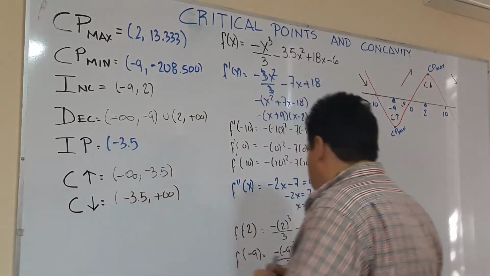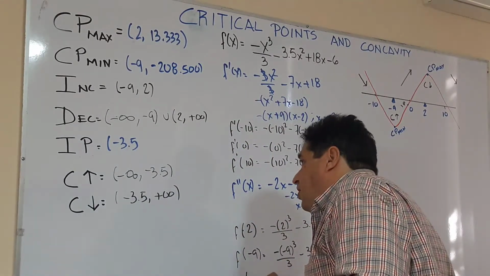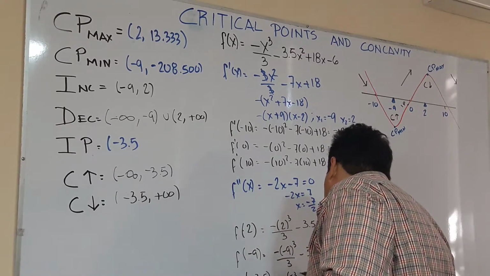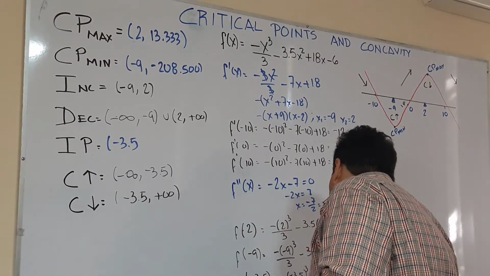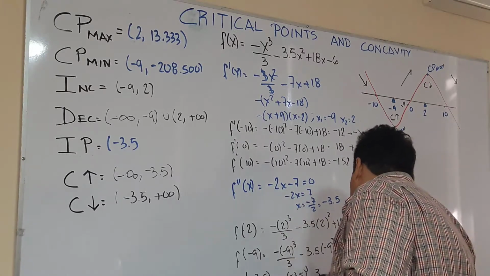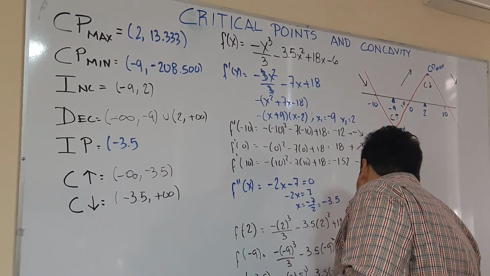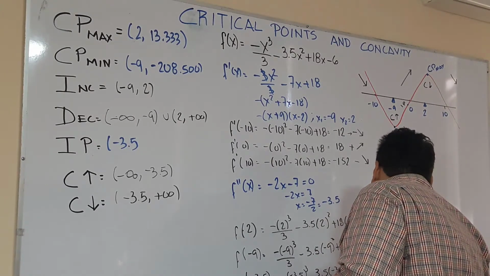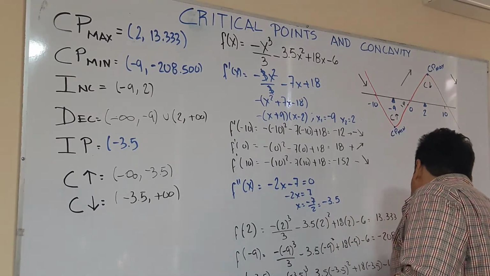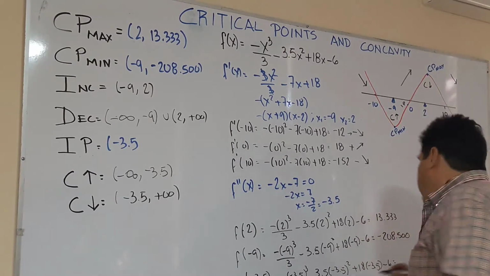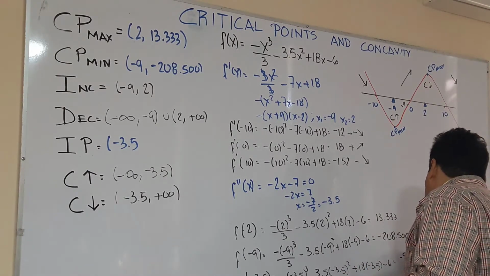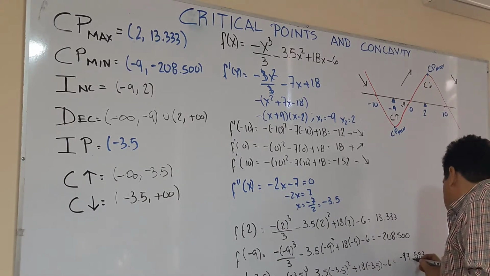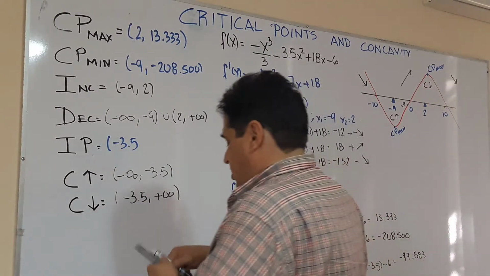And then we're going to go f of minus 3.5, which is minus 3.5 cubed over 3 minus 3.5, that's minus 3.5 squared plus 18, that's minus 3.5 minus 6, which comes out to be minus 97.583.